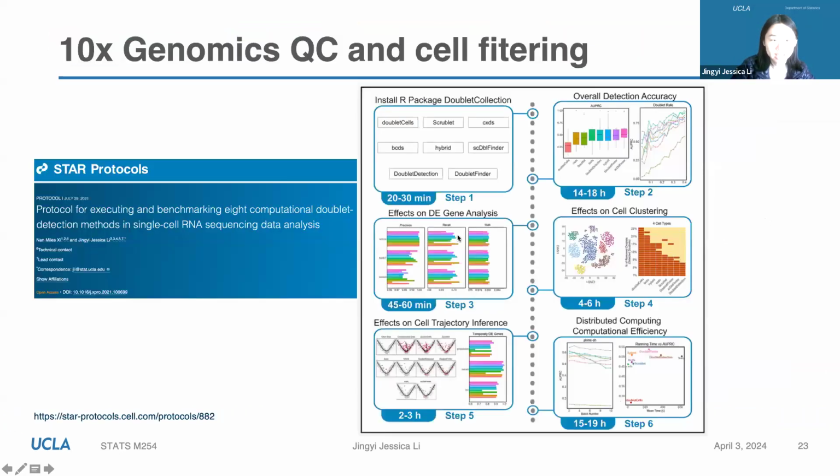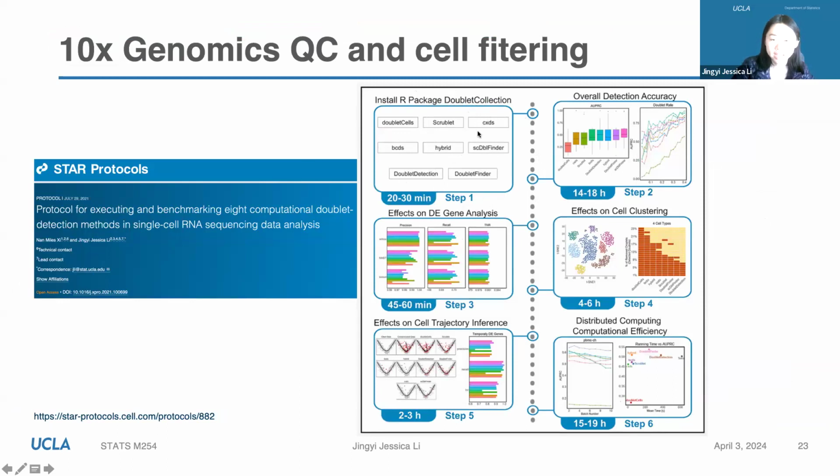Later, my former student Miles and I wrote this protocol to show exactly what we did for the benchmark. And we have an R package called doubletCollection, in which we have a collection of these methods and some benchmark datasets. So users can do the benchmark themselves, especially if they want to try a new doublet detection method, they could use the datasets built into this package.